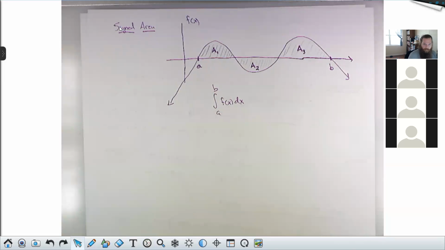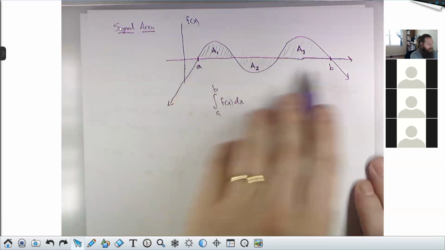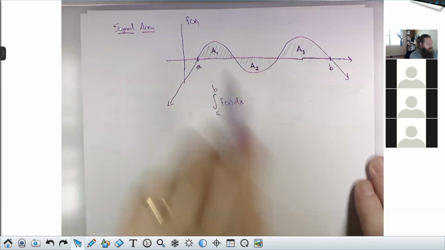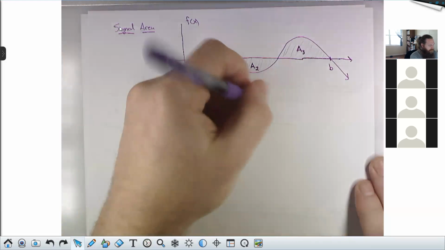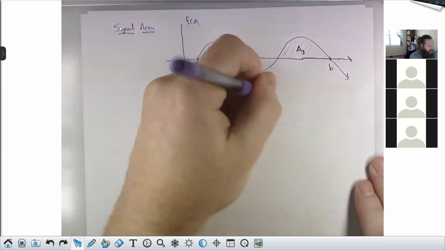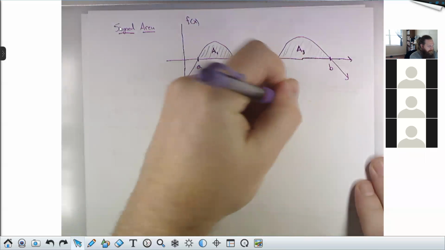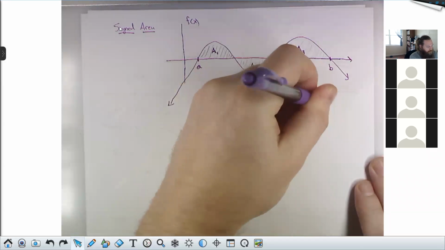It's equal to the limit of the Riemann sum, measuring the area bounded by the purple curve from a over here to b over here. It should measure all of these areas, measuring the two above the x-axis as positive, but the one below the x-axis as negative. This would be A1 minus A2 plus A3.